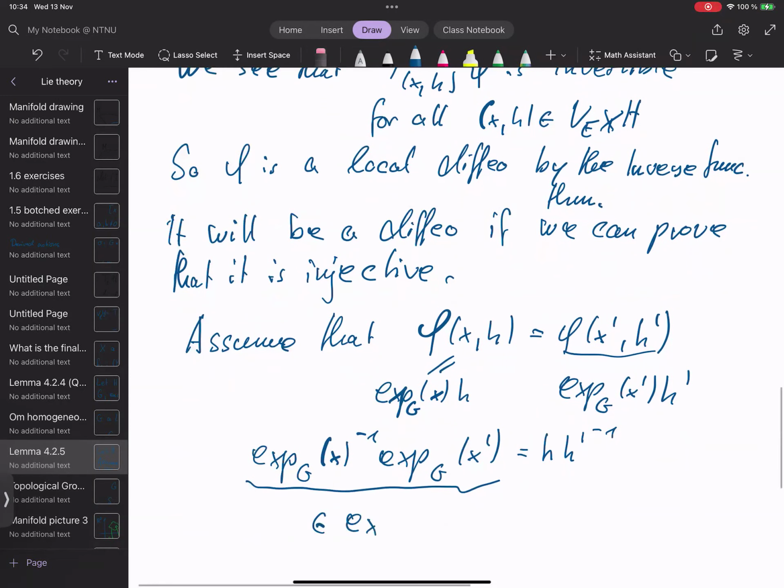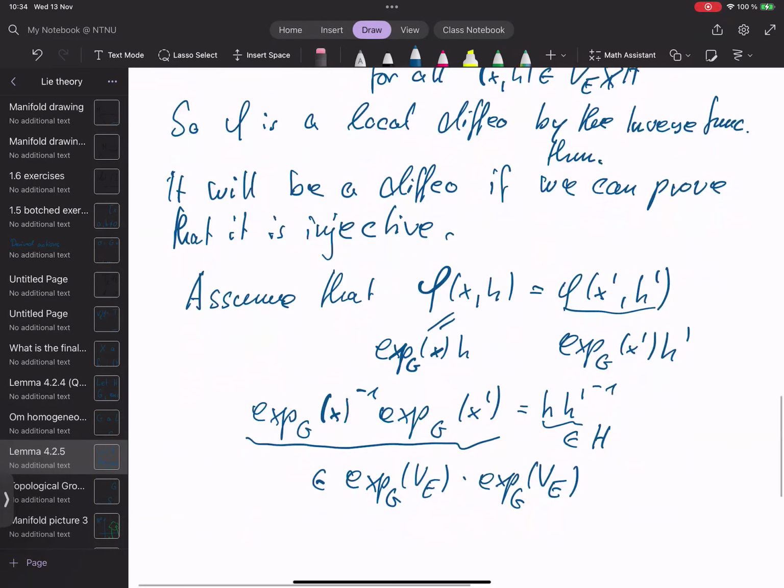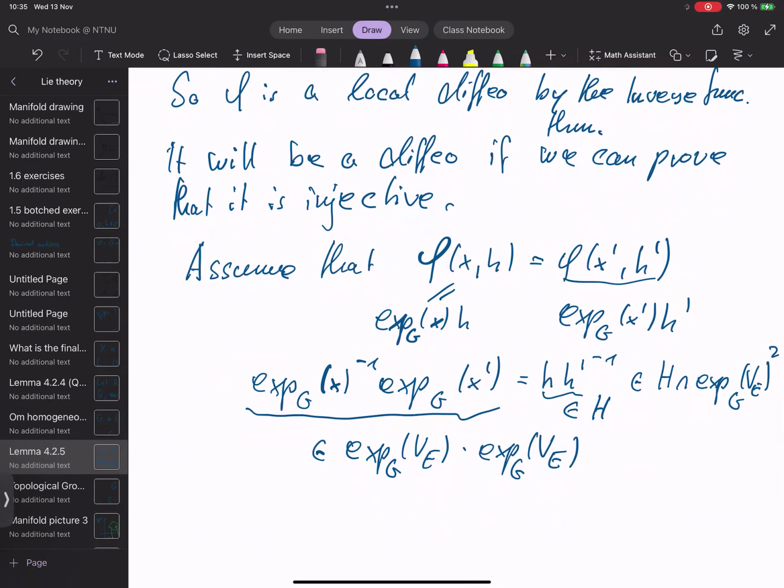And now we see here that the left-hand side, since the x's are from VE, is in exp VE times exp VE, just by construction. The right-hand side, since H is a subgroup, comes from H. So we see that this is in the intersection of H with exp_G(VE) squared, the two-fold product.